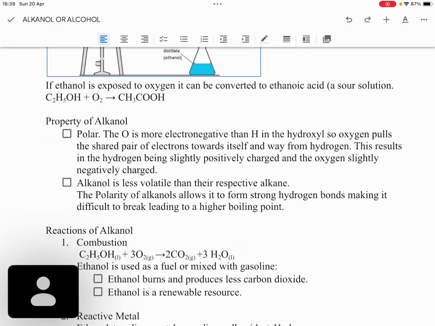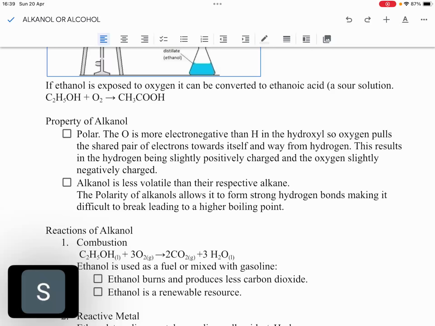Then ethanol is less volatile. Volatility means your ability to turn to vapor. So alkanols do not readily vaporize like your alkanes, right? So they don't have a low boiling point; their boiling point is going to be higher.